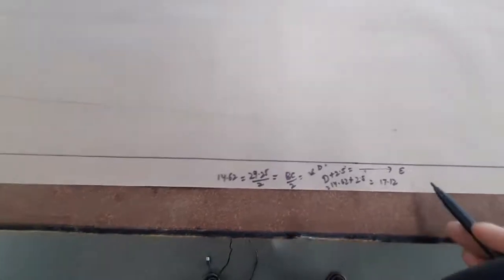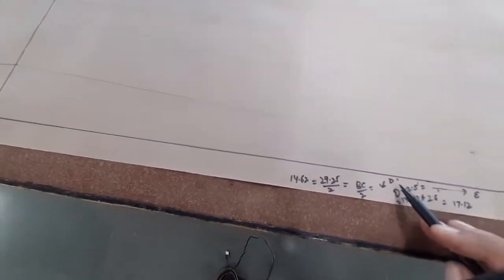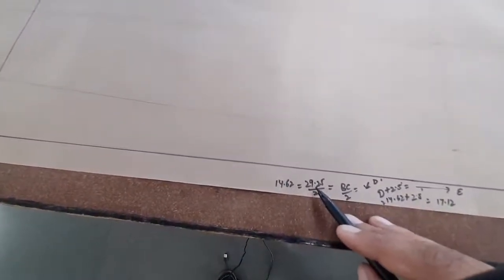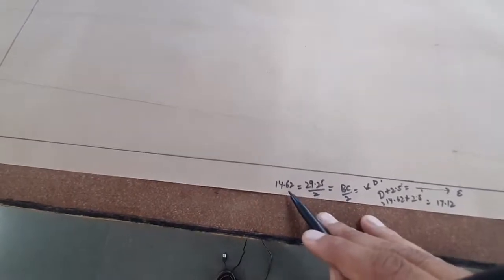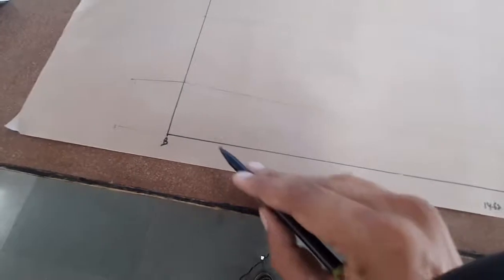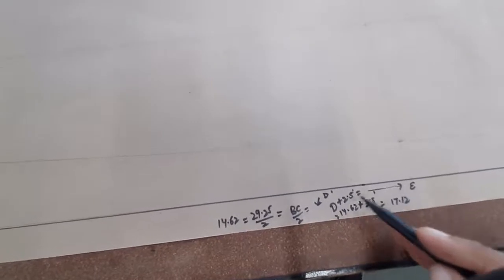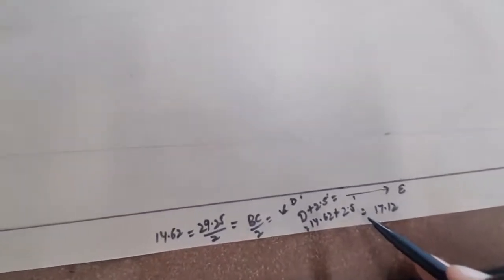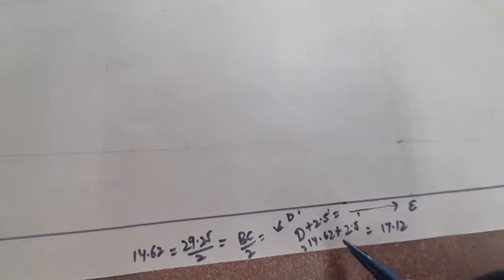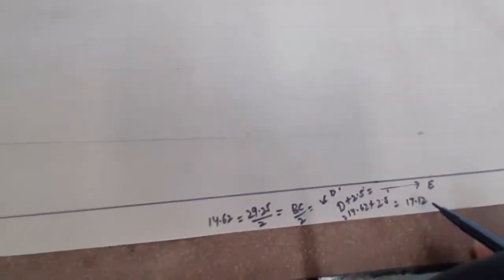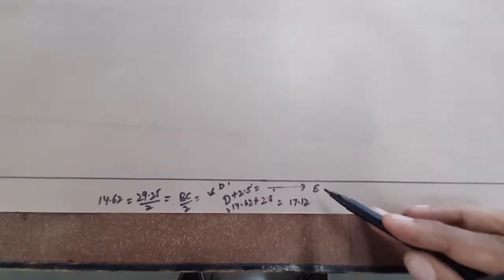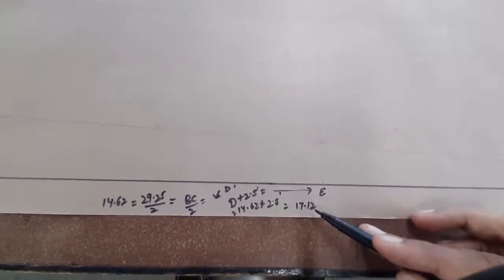The D point is the midpoint of BC: 29.25 divided by 2 gives 14.62. So from B to D the measurement is around 14.62. Then we added 2.5 inches to 14.62 and got 17.12. So the total distance from B to point E is 17.12.